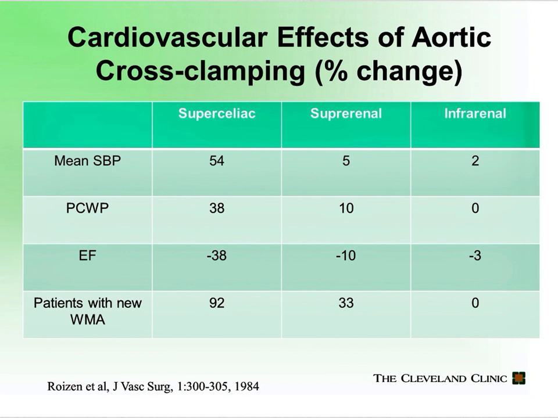It will march on here with pulmonary capillary wedge pressure greatly increased with supraceliac versus infrarenal, a much larger decrease in ejection fraction with supraceliac versus infrarenal placement, and you'll see a much increased wall motion abnormality in patients that have a cross clamp placed supraceliac versus infrarenal.